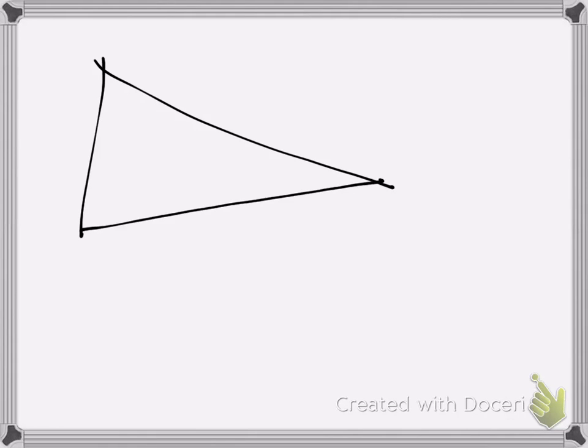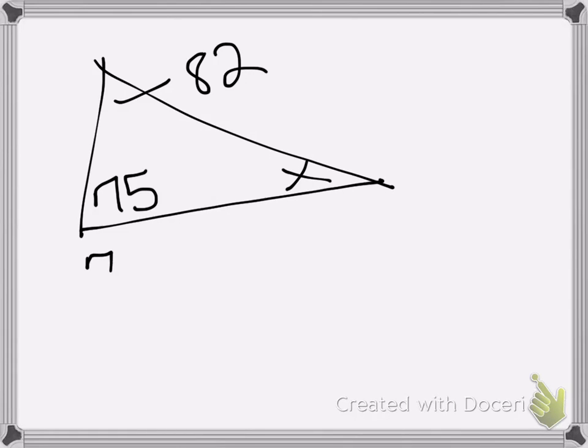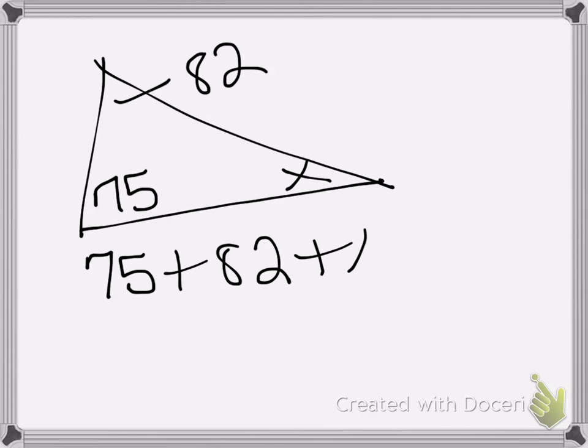If you look at number 1, you've got a triangle that looks kind of like this, and it tells you that this angle is 82, and that this angle is 75, and this angle is x. Based on the rule that we just saw, the 75-degree angle plus the 82-degree angle plus the angle we don't know has to equal 180.